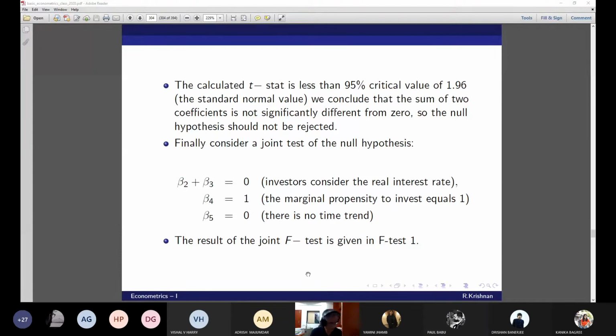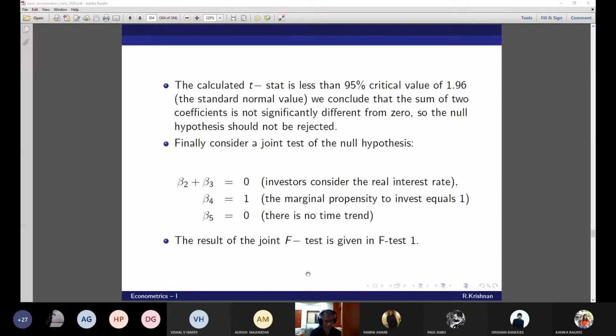Yes, sir. But the individual T stats are slightly different. Only the second and third will be rejected, not the first one. Can you see that? Yes, sir.